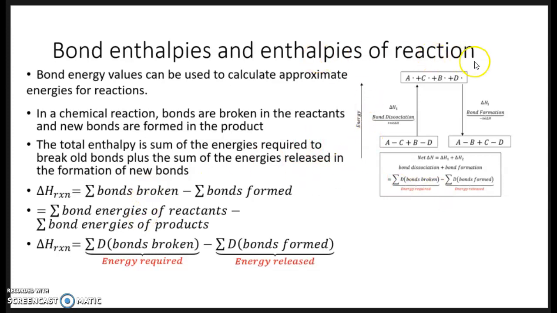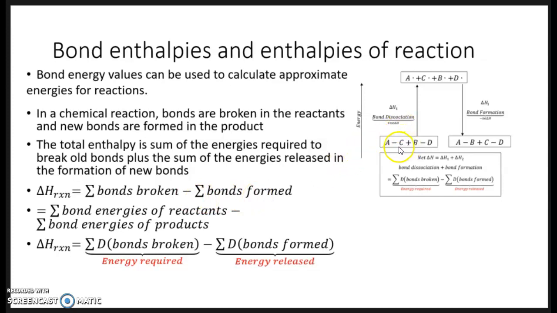Anyway, how is this related to the enthalpy of a reaction? In a chemical reaction, we know that bonds are broken and then bonds are formed in the product. The total enthalpy of that reaction is therefore the sum of the energies required to break the old bonds plus the sum of energies released in the formation of new bonds. So the enthalpy of a reaction can be estimated from the sum of bonds broken, that's the reactants because that's what is broken, minus the sum of the bonds formed.